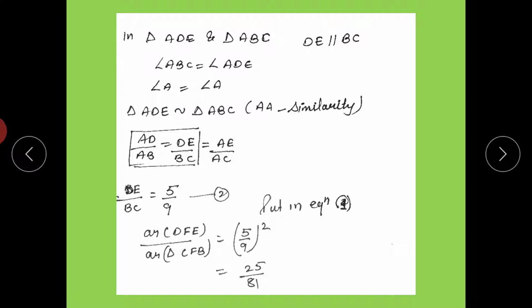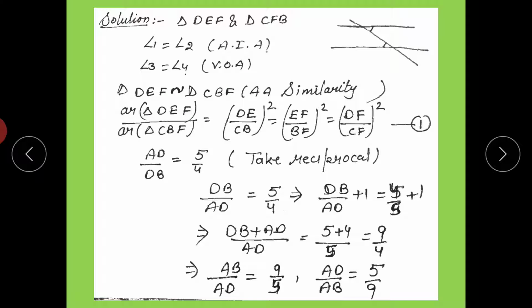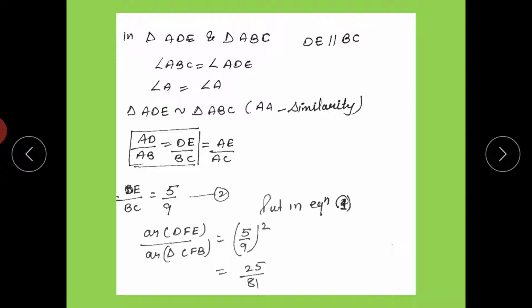Put in equation number 1, area of triangle DFE upon area of triangle CFB is equal to 5 by 9 whole square. Why? Because of this DE upon BC whole square, the ratio of these two triangles. Now 5 by 9 whole square is 25 by 81.